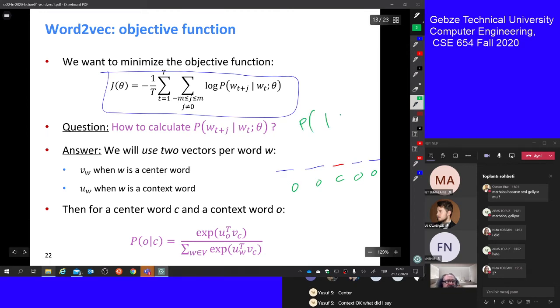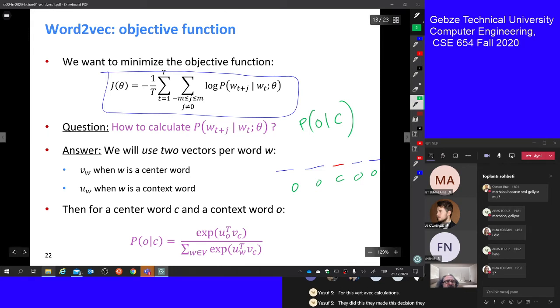Given the center, what is the context probability? That's what we are trying to calculate. But the center word could be sometimes the center word, sometimes the context word. It changes.